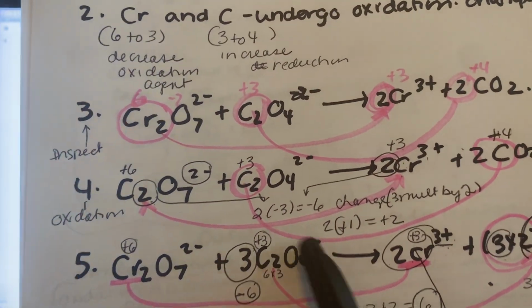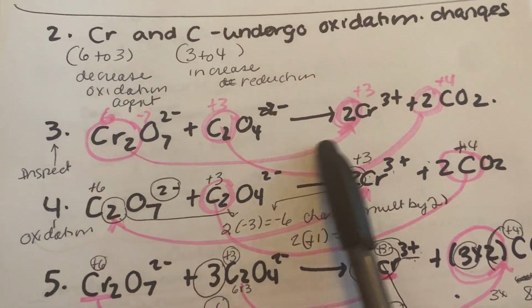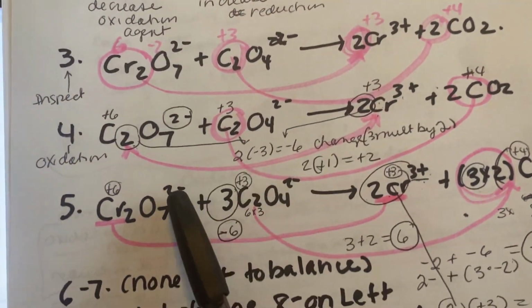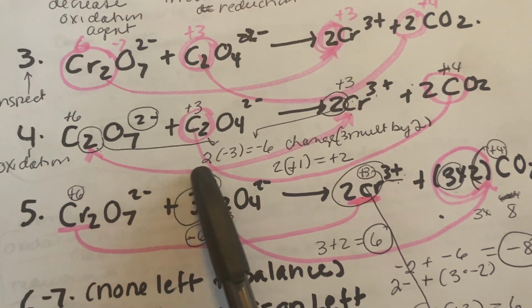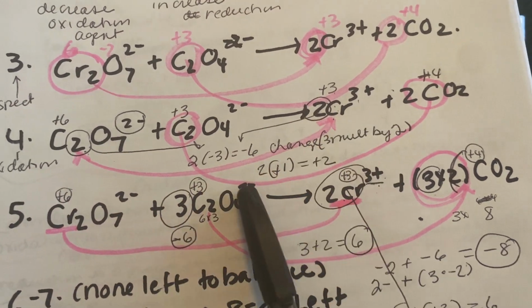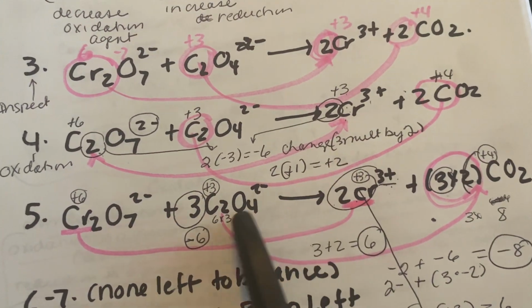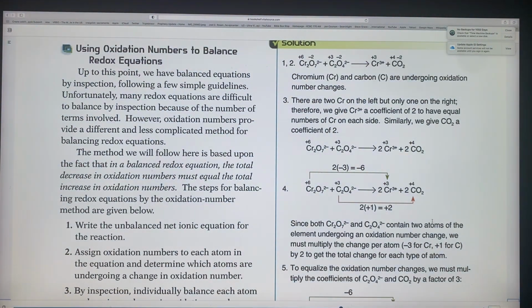So this here is reducing. We figured that out. Number 2, the oxidation is happening here. And so we have the change in one and the change in the other. So, 2 times -3 equals -6, and 2 times +1 equals 2 here.